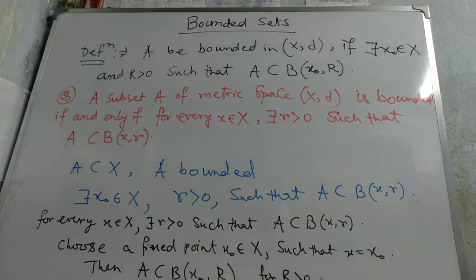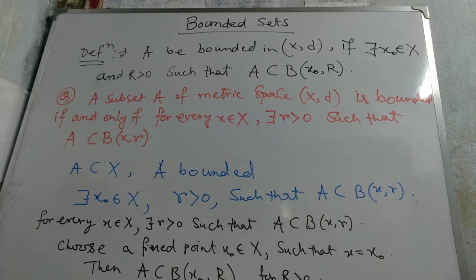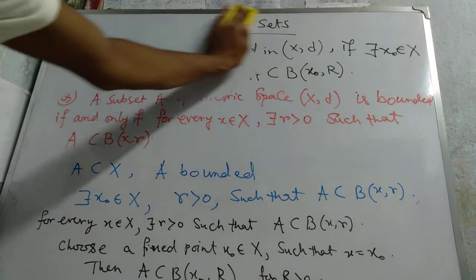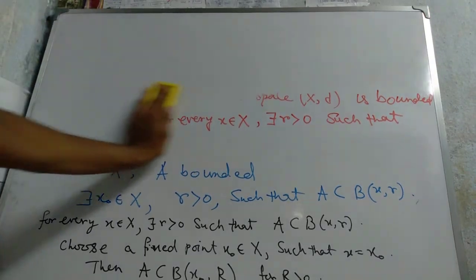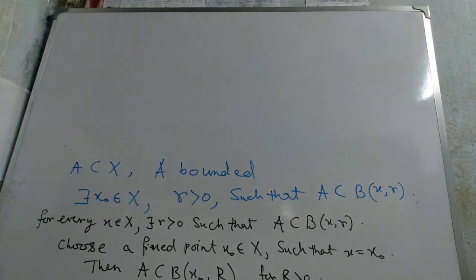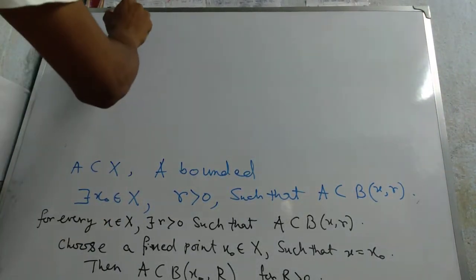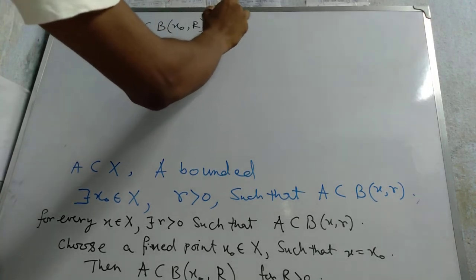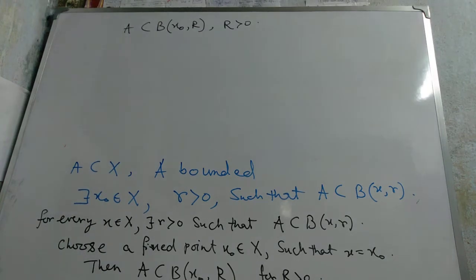Then what we obtain? We erase our portion. Then we obtain A is a subset of B(x0, r) with r greater than 0.